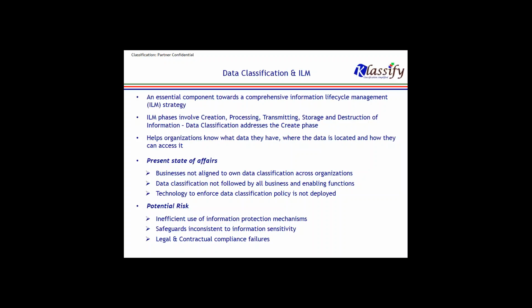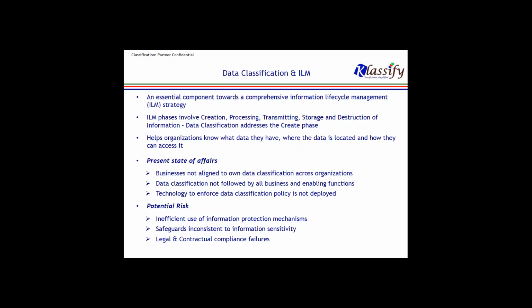I think the effective implementation of DLP and IRM solutions hinges upon whether data has been classified. I think solutions like DLP and IRM need to be made more intelligent, and they can be made more intelligent to work on their protection mechanisms only if data is classified, and therefore better policies can actually be applied.